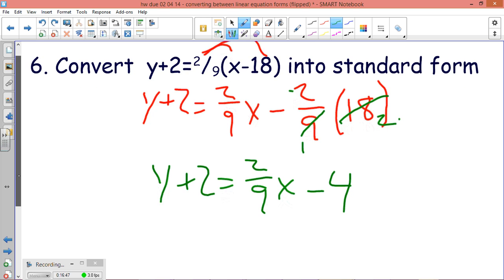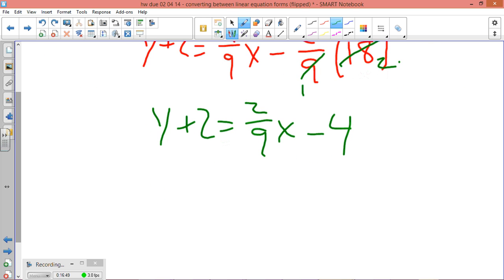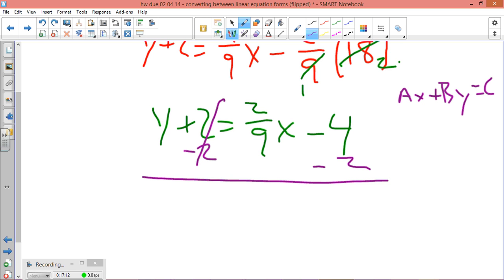Are we done yet? Absolutely not. Because the form I'm looking for again is ax plus by equals c. So I need x and y on the same side, and I need all my numbers on the other side. So first thing I'm going to do is take away this 2, because I need all my numbers on the right, and I have y equals 2/9 x minus 6.